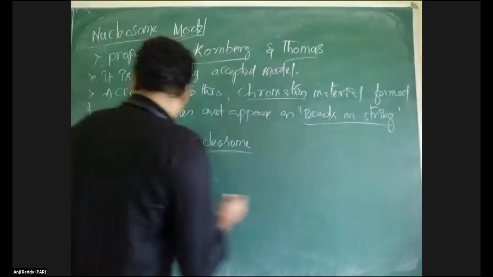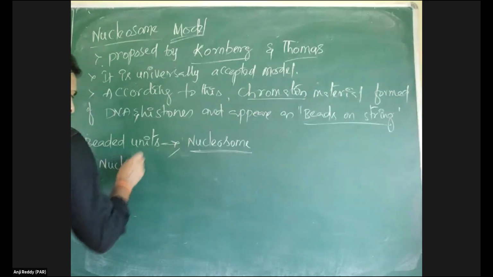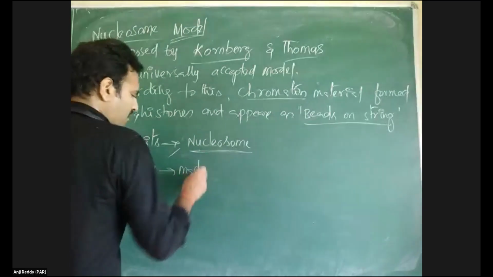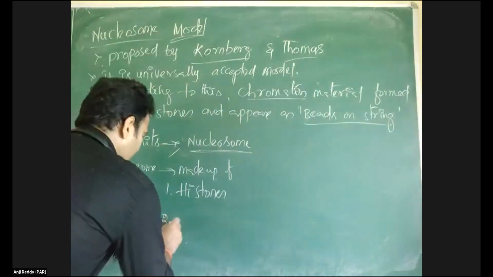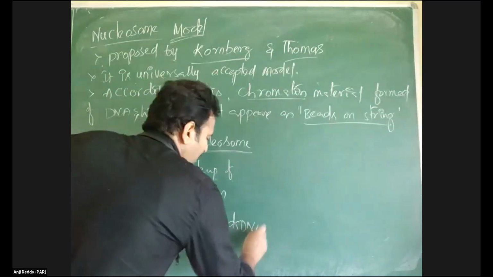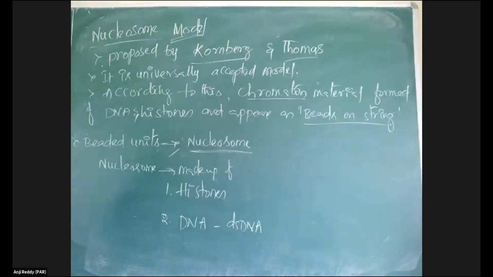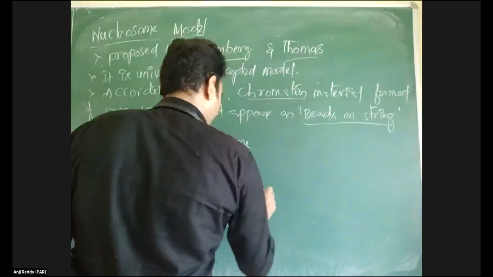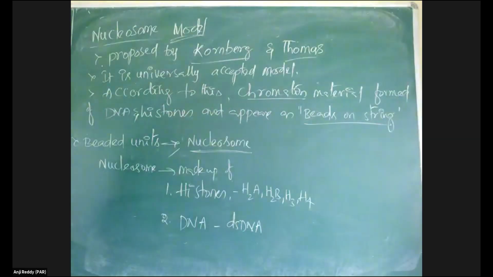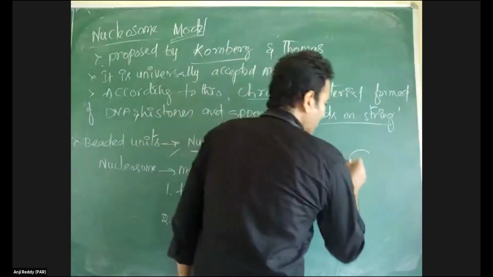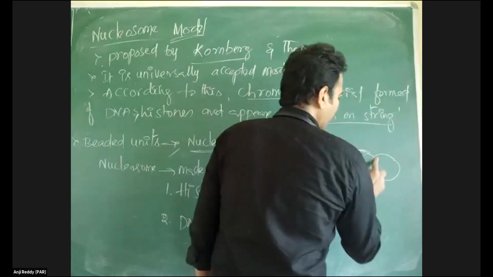Look here: the nucleosome is made up of histones and DNA. The DNA present here is double-stranded DNA, and there are 4 types of histone proteins: H2A, H2B, H3, H4. 4 types of histone proteins are joining together like this.